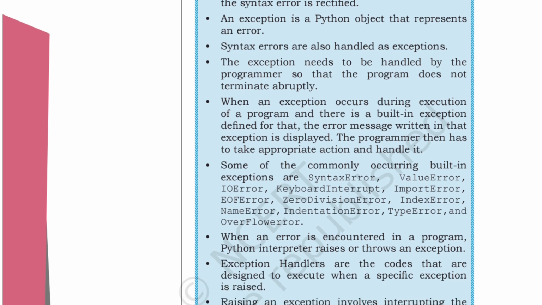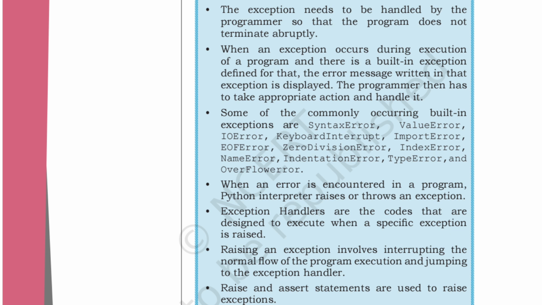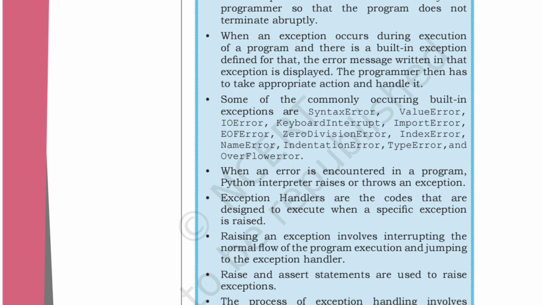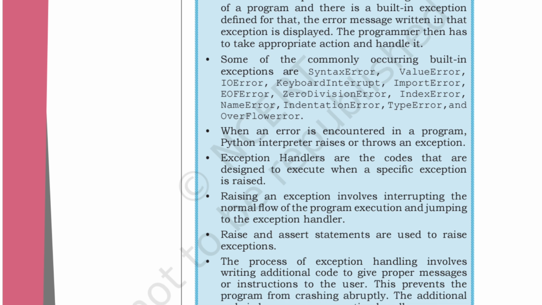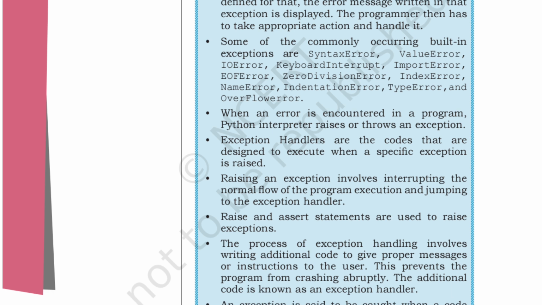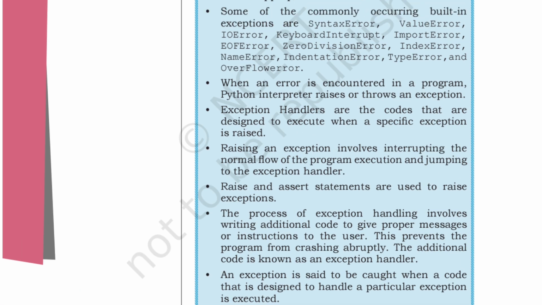Okay, so finally there are some built-in exceptions: syntax error, value error, IO error, keyboard interrupt, import error, EOF error, zero division error, index error, name error, indentation error, type error, and overflow error. Okay, when an error is encountered in the program, the Python interpreter raises or throws an exception. So this is the summary that you have to just go through.